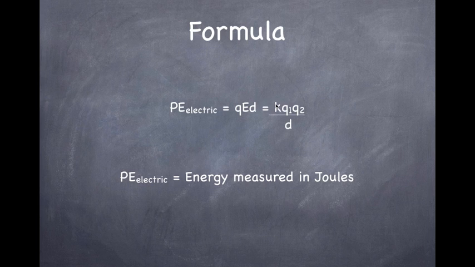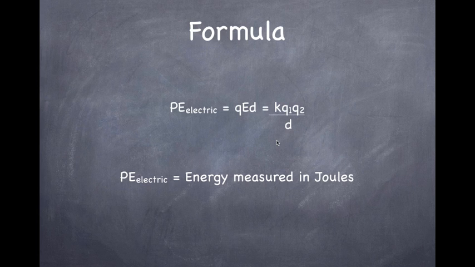If you look, E is force divided by charge. So if you have force divided by charge, the charges cancel out and you have force times distance, which is where this formula comes from. It comes from the fact that work is force times distance, and force would be the electric field times the charge. This is the formula for electric potential energy. Potential energy, just like any other energy, is measured in joules.